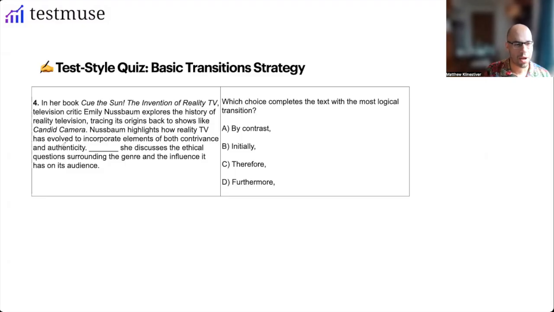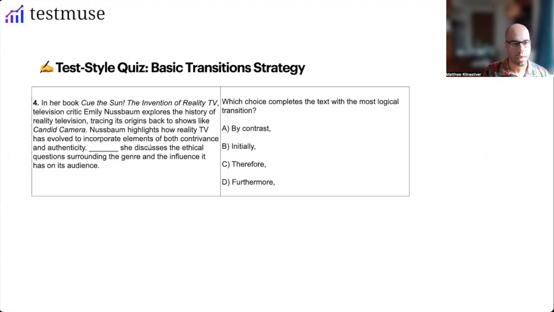But what about cause and effect? She highlights this, therefore she discusses the ethical questions. She highlights how it has evolved to incorporate elements of contrivance, which is like falsity, right? Kind of like when they set up drama in a reality TV show on purpose, even though it wouldn't have naturally happened among the participants.